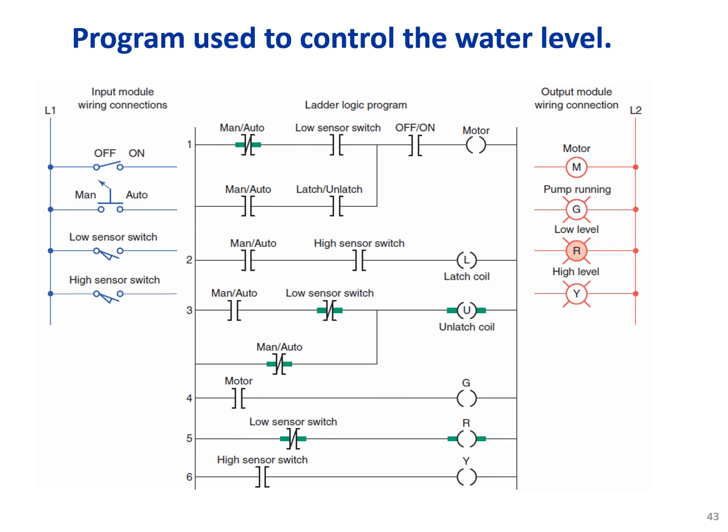And once the level of water reaches the low, it will unlatch the coil, and the motor will be off. Once the motor is running, the green pilot light is on. Once we have reached the low sensor, the red is on, and once we have reached the high sensor, the yellow is on.